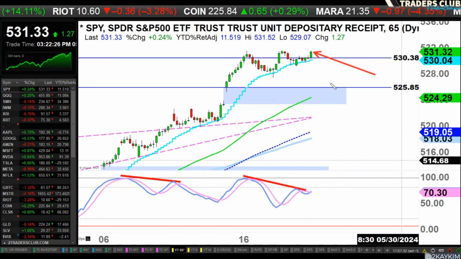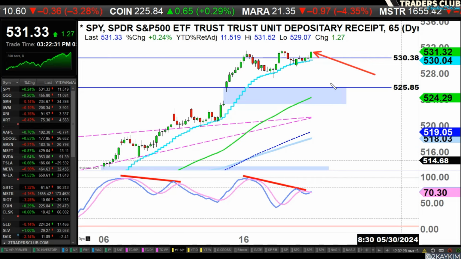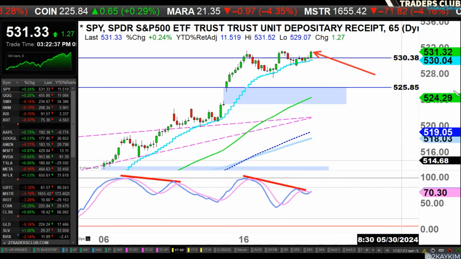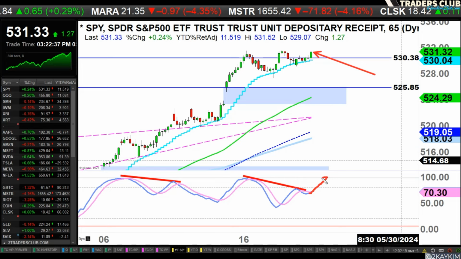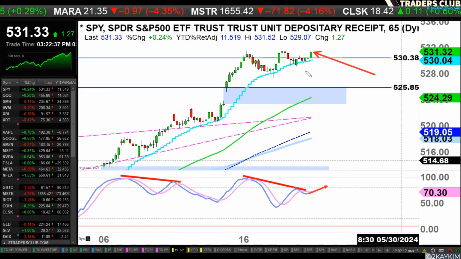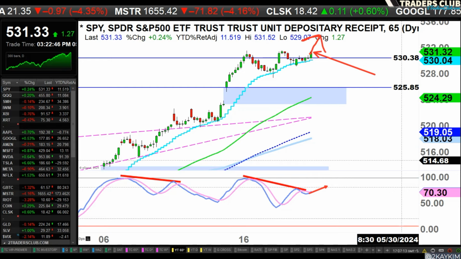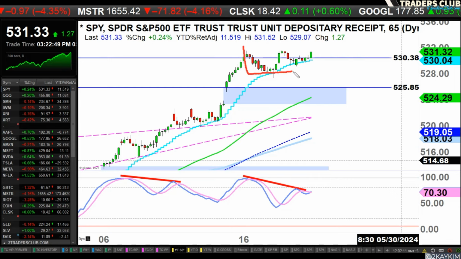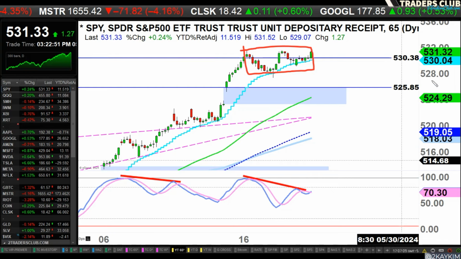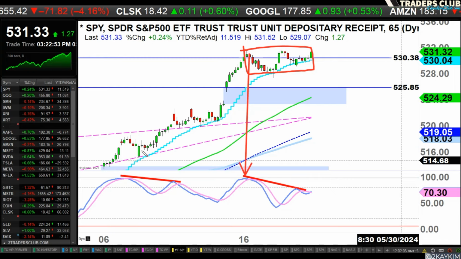The way the oscillator is sitting, the oscillator wants to reset that bearish divergence and make room for the buyers to make another run here, because it's been consolidating the last several days ever since it hit overbought.